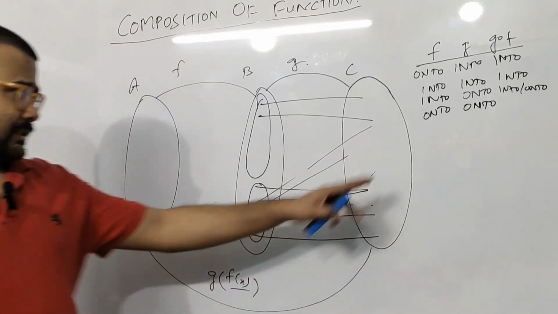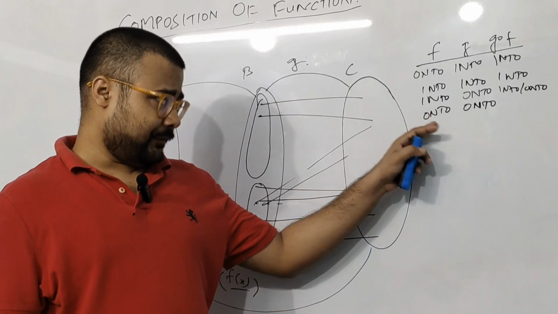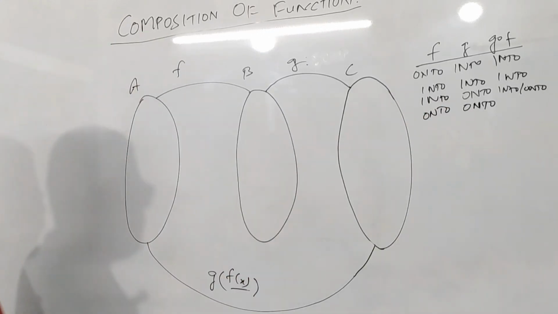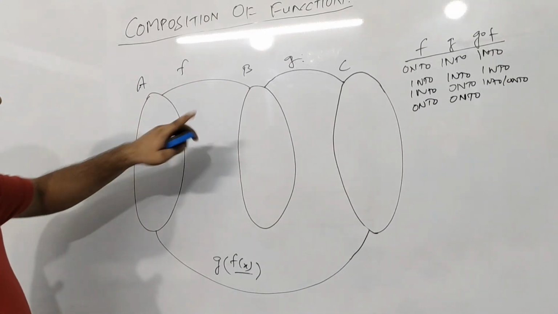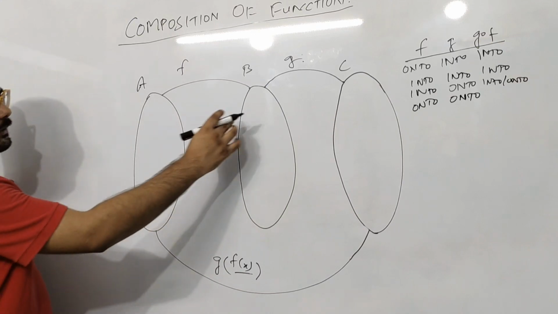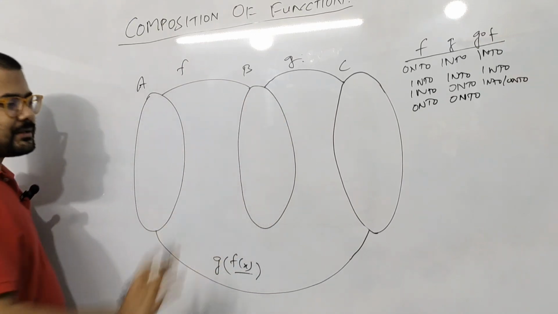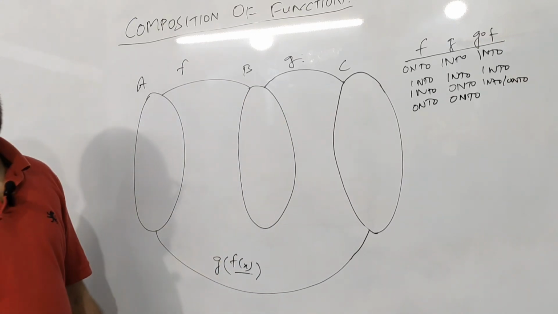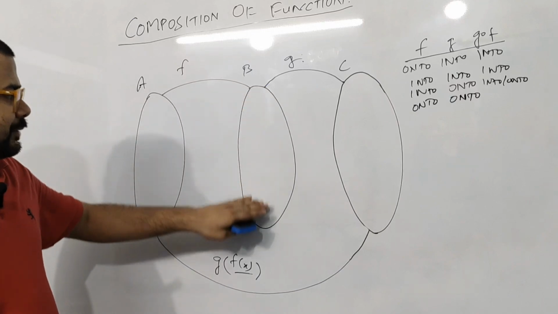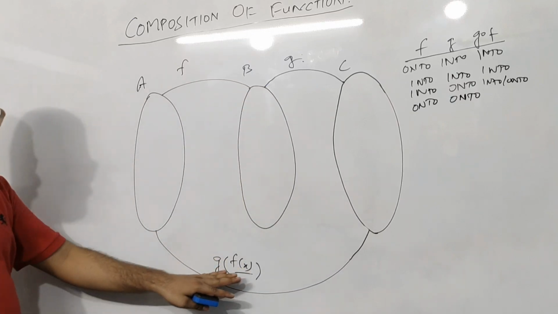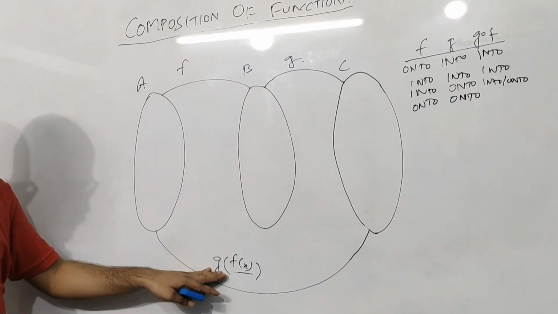Now let's look at this last, when f is onto and g is onto. Now look at this. When f is onto, it means all the elements of B are in the range of f. And when all the elements of B are in the range of f, it means all of them will come as an input to g of gof.